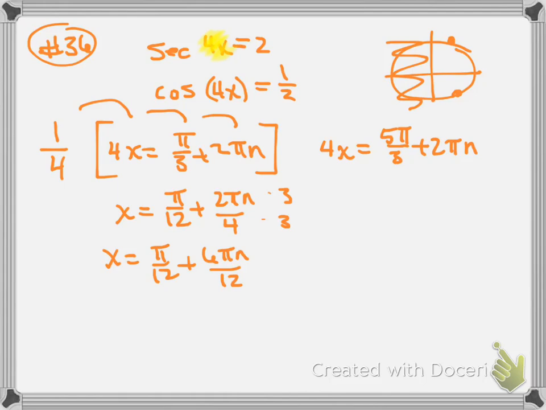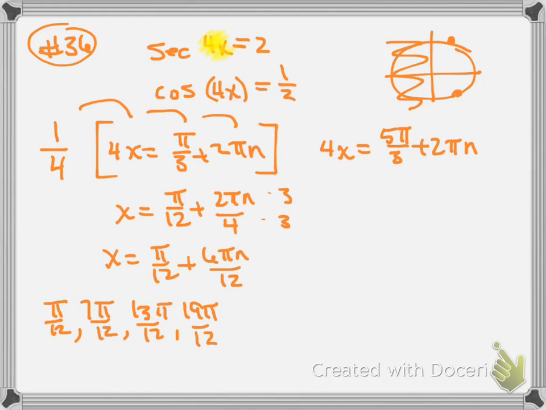Sweet. So now I can start getting my solutions. The first one, of course, is going to be pi over 12, and I'm adding 6 every time. 7 pi over 12, 13 pi over 12, and 19 pi over 12. Have to stop there because if I went any further, I would get past our 2 pi.